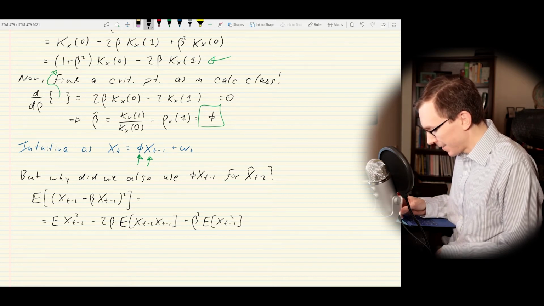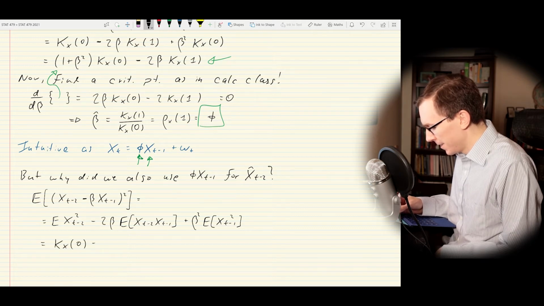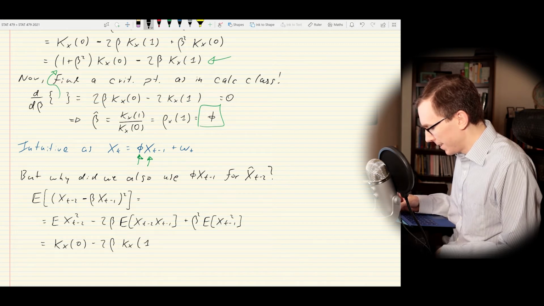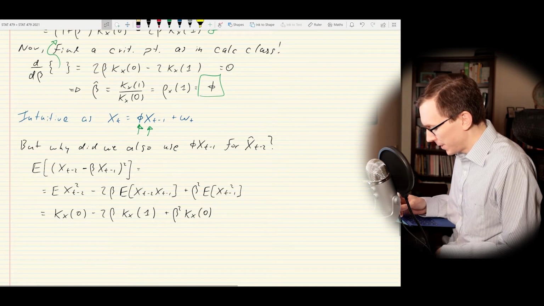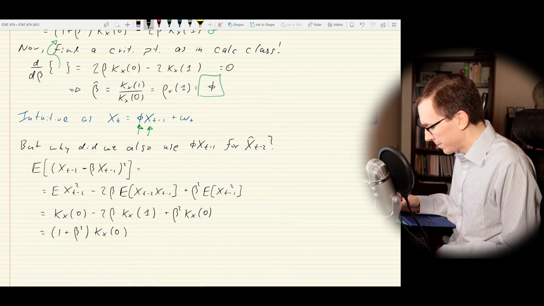When we put this all together, we end up with a kx at lag 0, a kx at lag 1, and a beta squared kx at lag 0. And sure enough, we get the exact same equation from last time that we need to minimize, the same parabola.